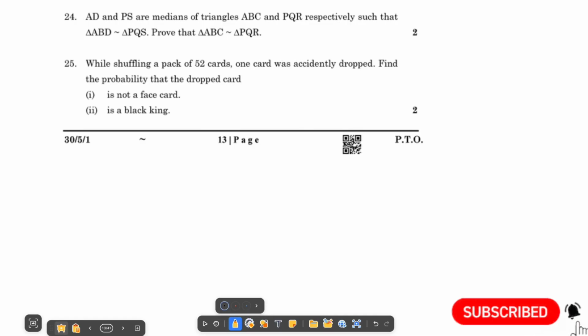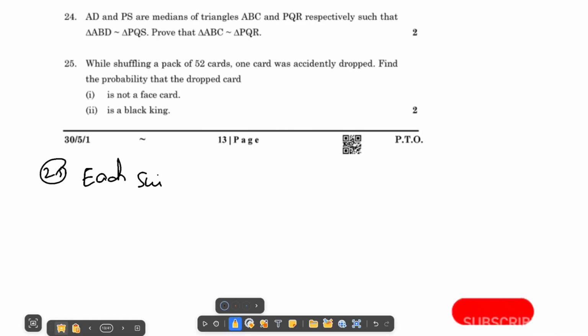Out of the cards, how many face cards do we have? In each suit we have three face cards: king, queen, jack.